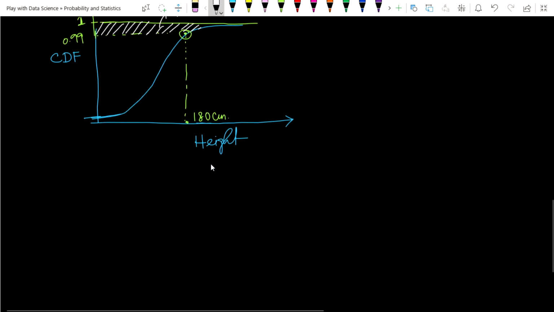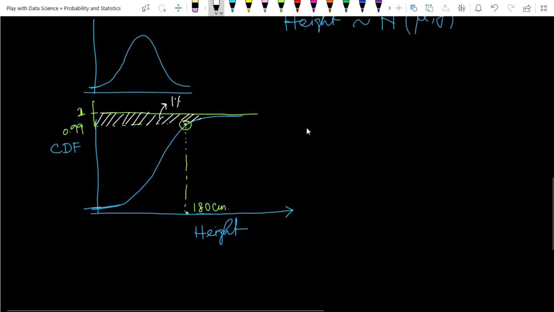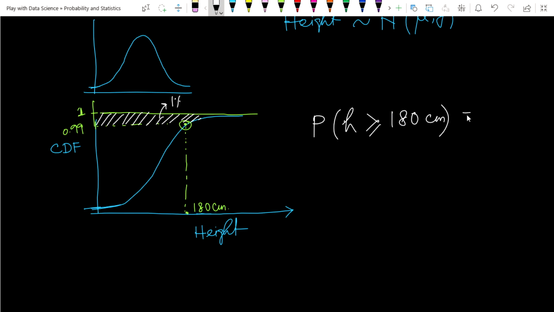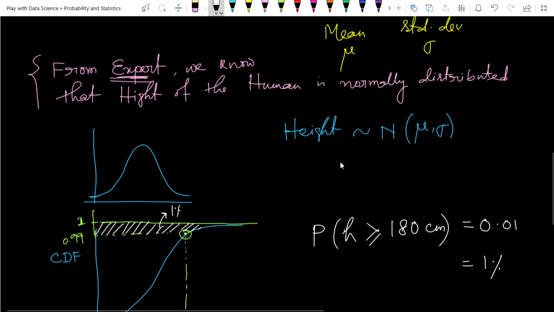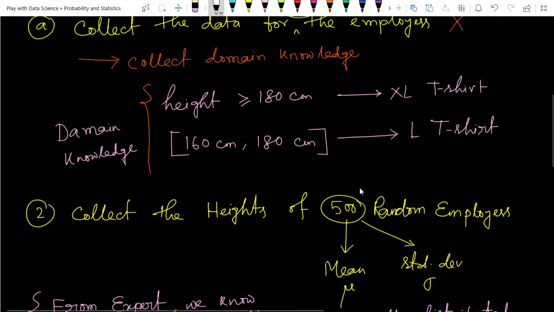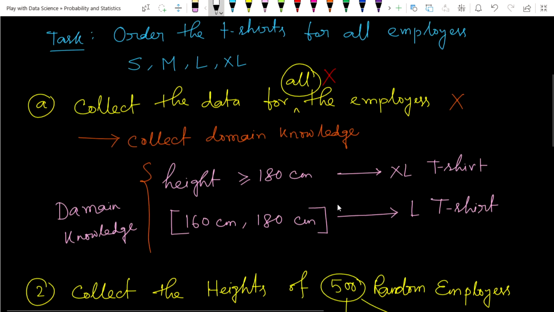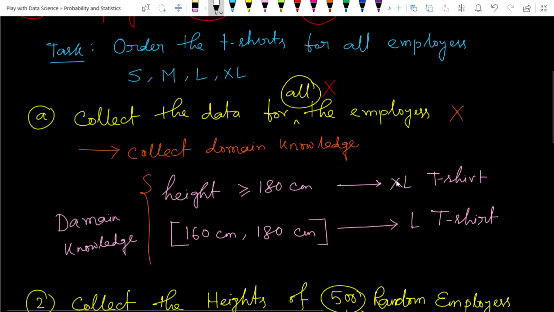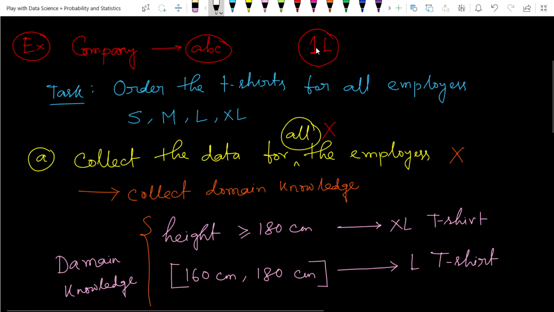From this we can conclude that the t-shirts we need are only 1%, meaning the probability of height greater than or equal to 180 centimeters is 0.01, simply 1% of the points. So the XL t-shirts we need are only 1% of the whole population of 1 lakh.